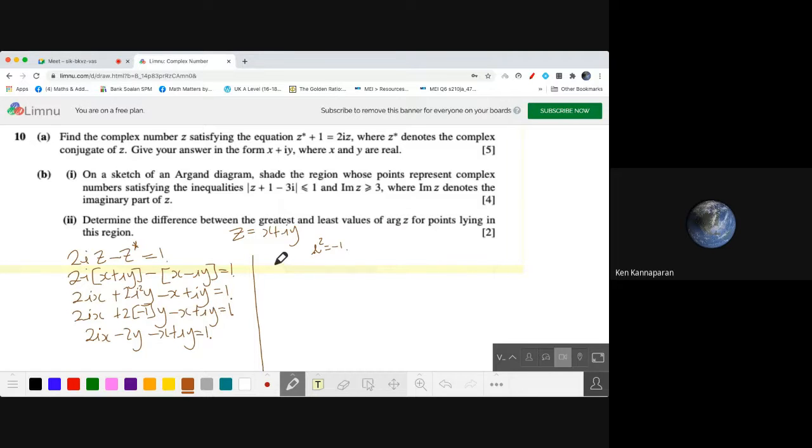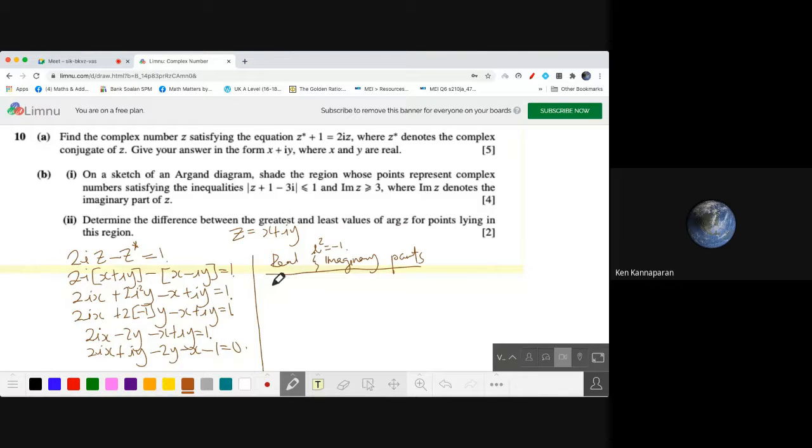Okay, so now break that into real and imaginary parts. So I'm going to collect all the i terms on one side and then the real terms on the other side. Okay, so before that, I'm going to bring in 2ix plus iy, negative 2y minus x minus 1 equals 0.